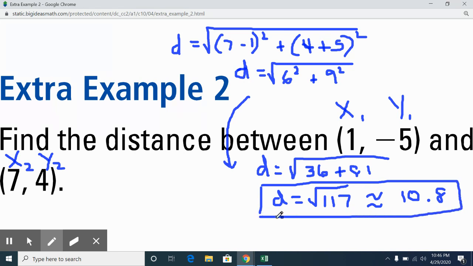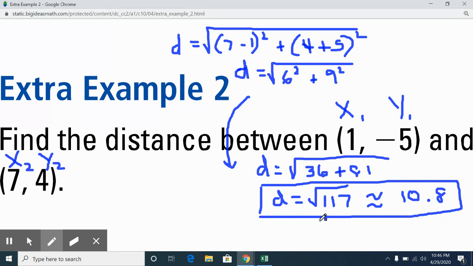Sometimes the book just leaves it as the square root of a number and that's the end of it. Other times they'll ask you to round it to the nearest tenth or the nearest hundredth. It just depends on the instructions. As long as you label your ordered pairs, I don't see any reason this is difficult, and I think you guys will feel the same way.